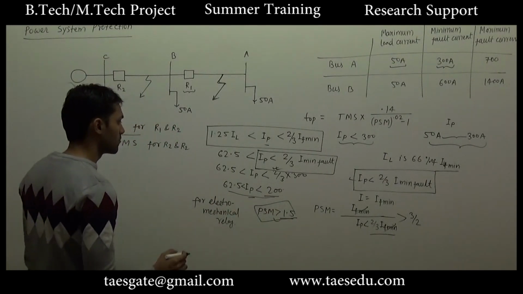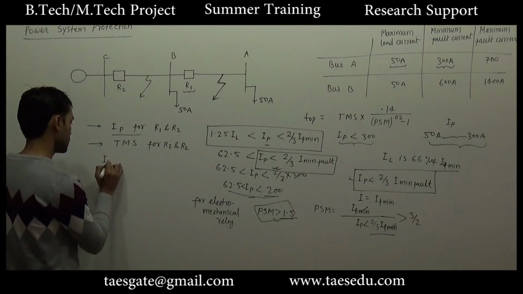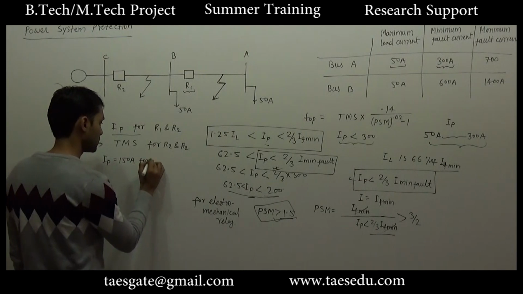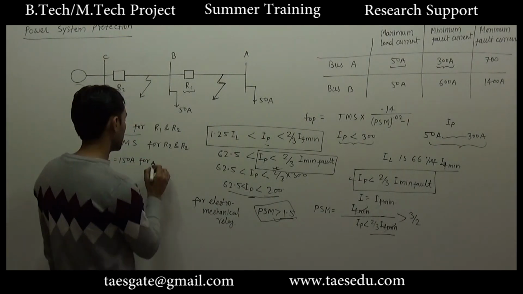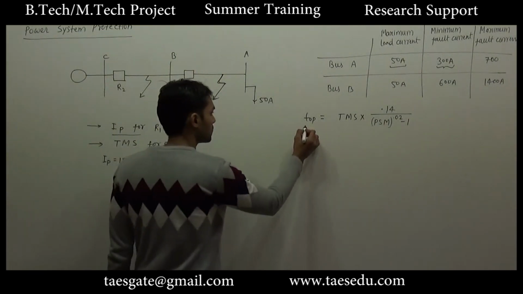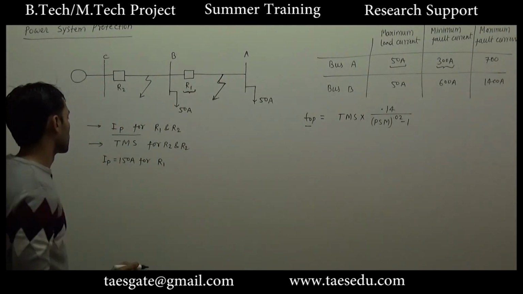So let us choose a value of IP as 150 ampere for relay 1. Now let us try to find out the operation time for relay 1 in case of maximum fault current.